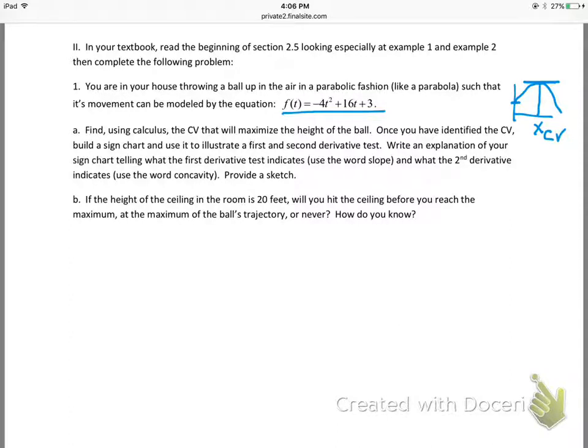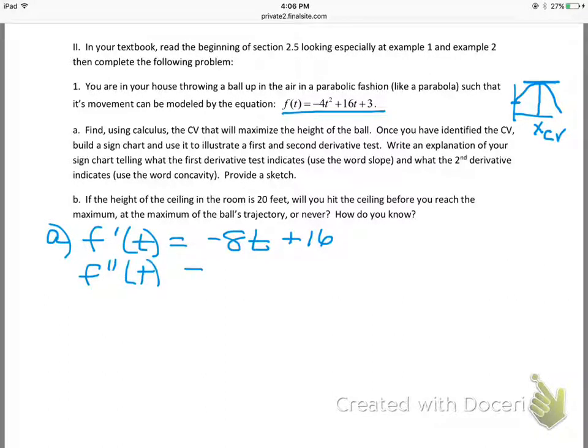So let's start that. So this is the A part. f prime of t equals negative 8t plus 16. Second derivative equals negative 8, just like I thought.